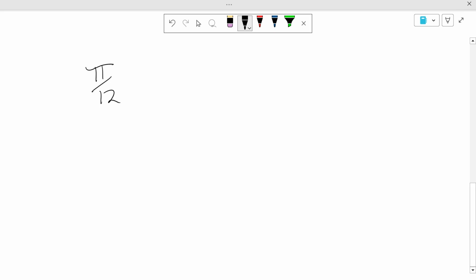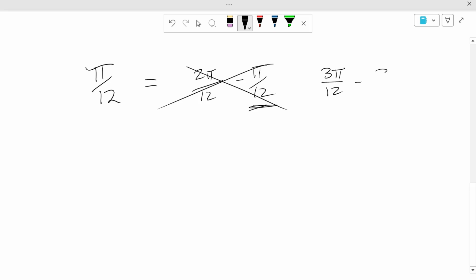Okay. So how do we get to pi over 12? Well, pi over 12 would be like 2 pi over 12 minus 1 pi over 12, right? But pi over 12 isn't on your unit circle, so that won't work. So it would be like 3 pi over 12 minus 2 pi over 12. Now, are those on your unit circle?